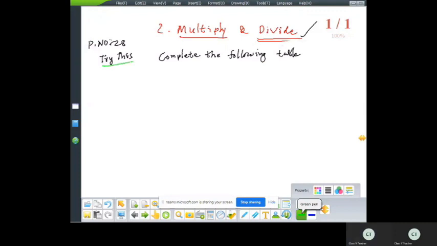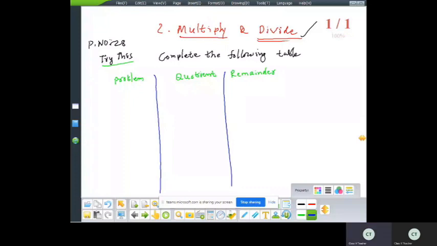See: problem, quotient, remainder. Yes, see the problems: 300 divided by 100, 425 divided by 100, 682 divided by 100, 810 divided by 100, 905 also divided by 100.